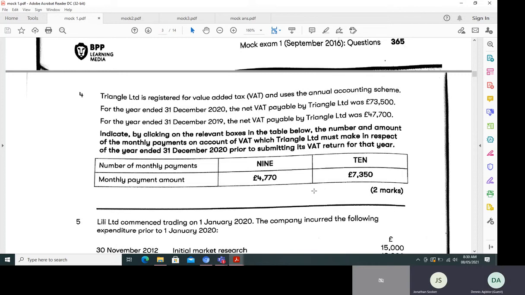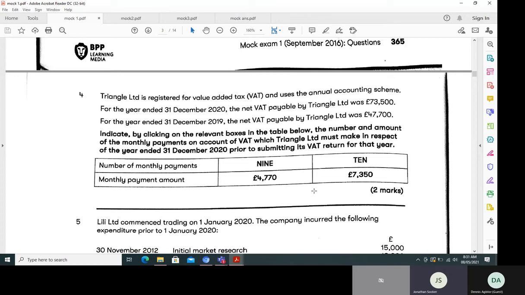So if your trading period is January to December, you start the installments from April up to December, which gives you 9 months. Those installments should each be 10% of the VAT you paid last year.